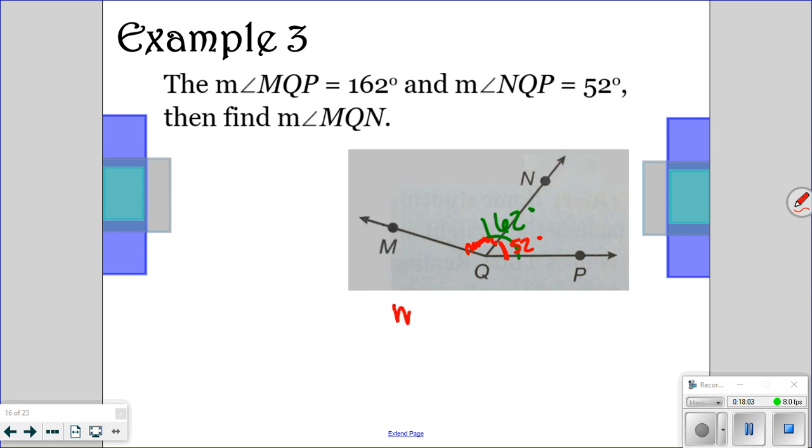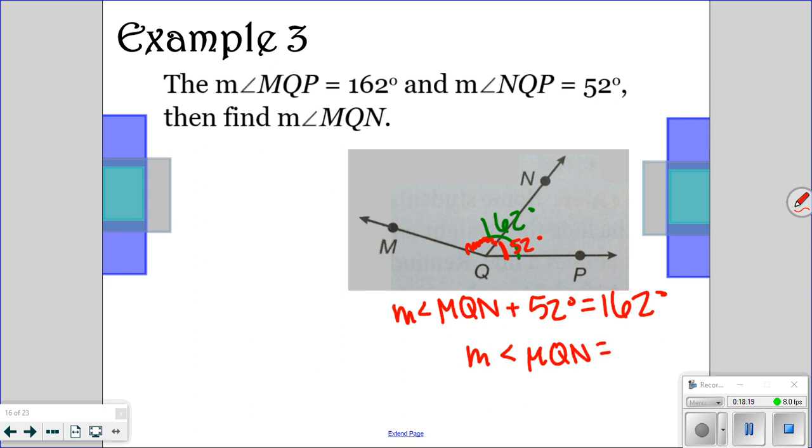Well, the measure of angle MQN plus the 52 degrees has to equal the 162 because these two add up to the bigger one. So that means that the measure of angle MQN has to equal 110 degrees. Okay, so that's how you can use your angle addition postulate.